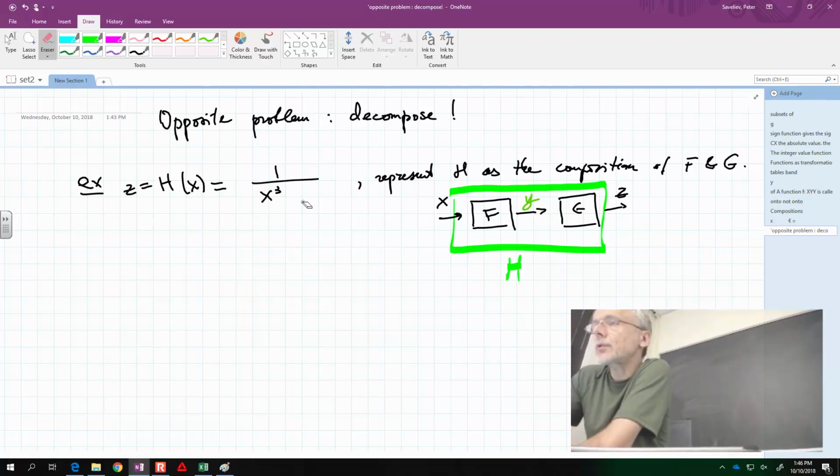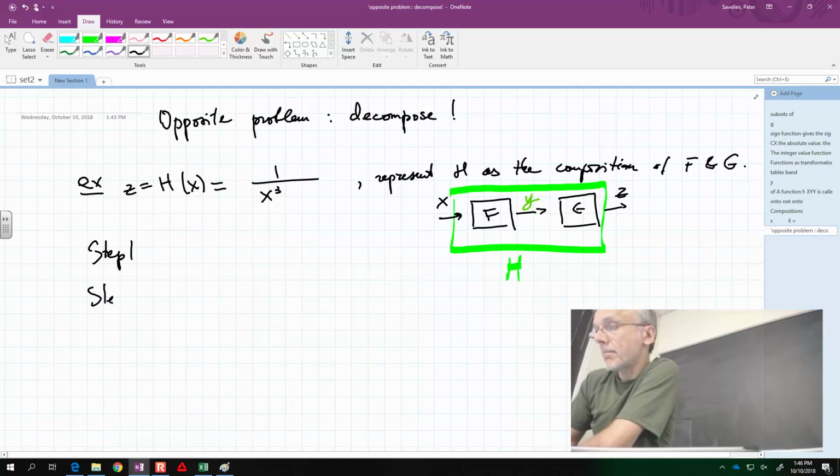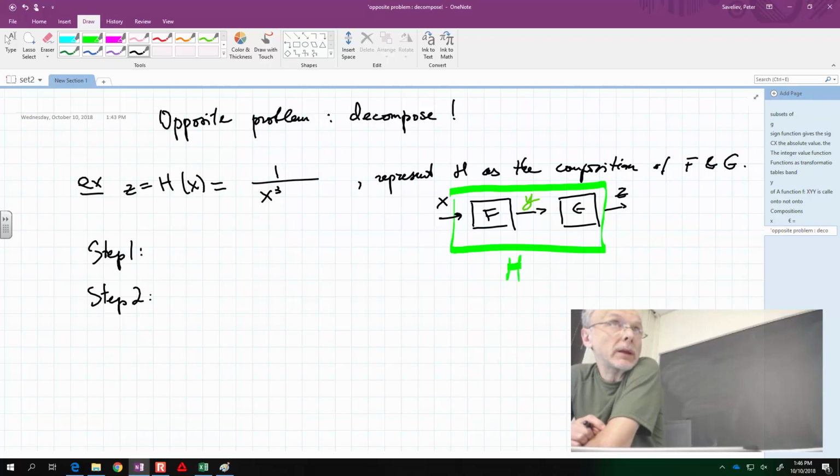Two steps, what do we do? I mean, it's a simple function, 1 over x cubed. How would you compute it to begin with? I give you 3. What do you do with it? How do you compute the function?